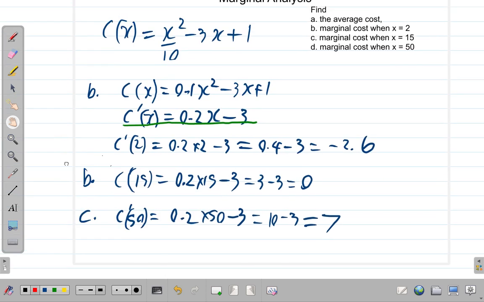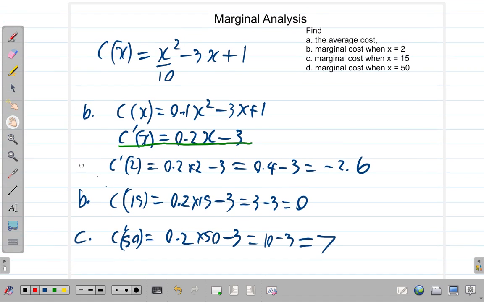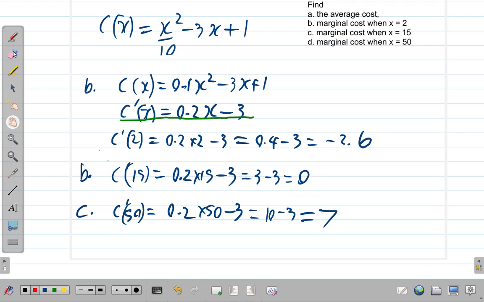It should be B, C, and D. So let's rewrite that. This would be B, C, and D. Alright.